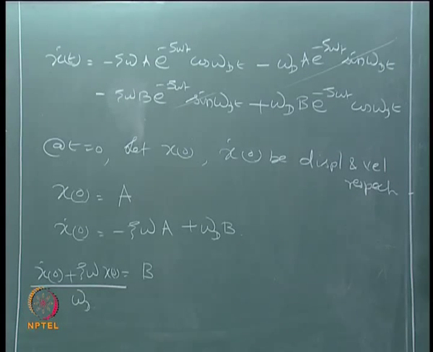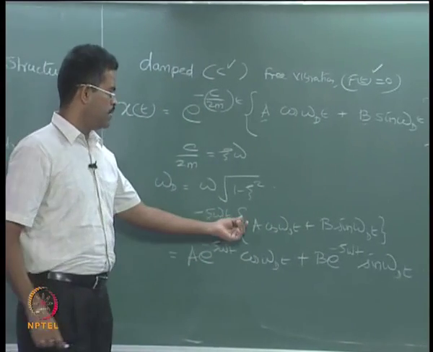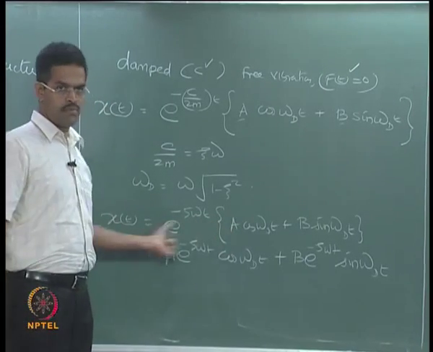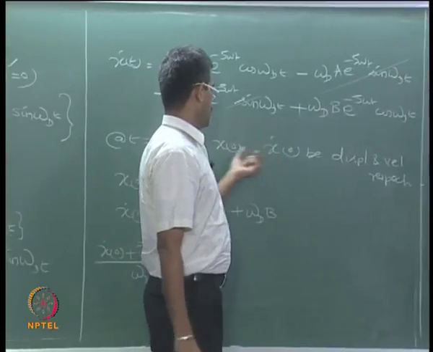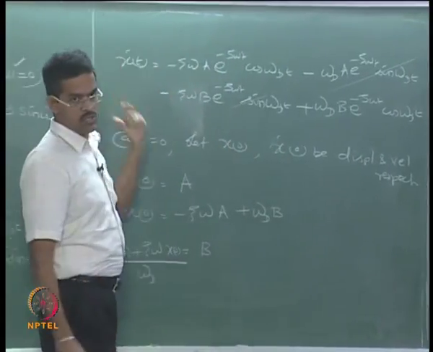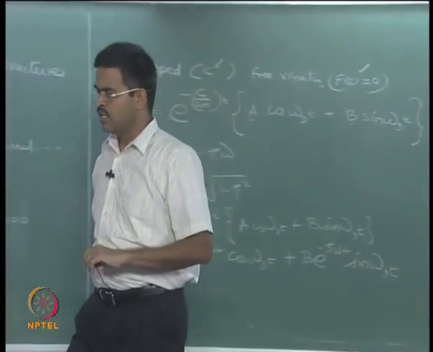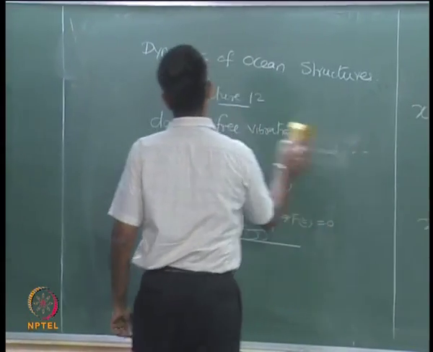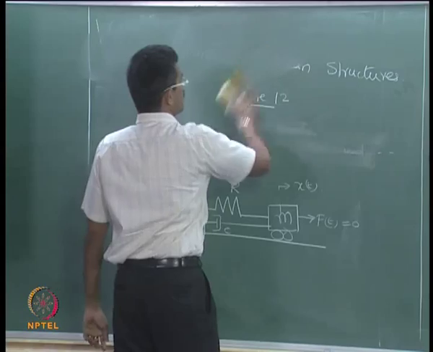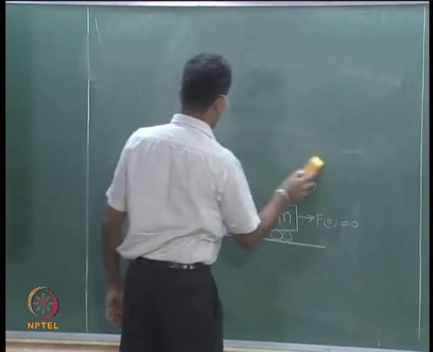So, now my equation is complete. I can use these values of a and b here. I can write x of t in the complete form if I know the initial velocity and displacement at time t is equal to 0. I know the whole equation. Let us now see what would be the interesting feature of this equation at various t values along the curve.